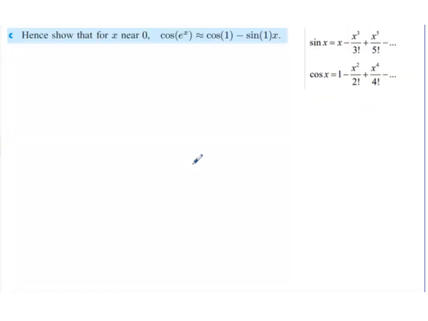And show that for x near 0, cosine e to the x is approximately equal to cosine 1 minus sine 1 of x. So the argument for this is to say that as x approaches 0, x squared really approaches 0, x cubed is getting even closer to 0. So basically, we disregard higher powers.